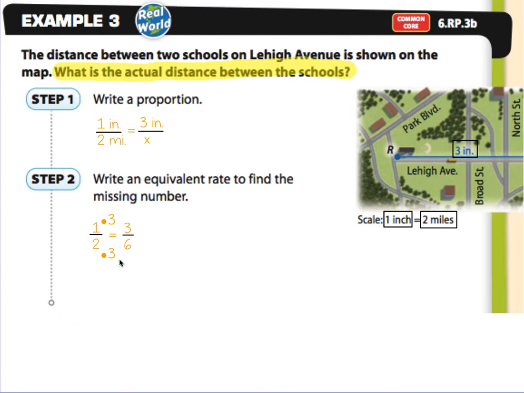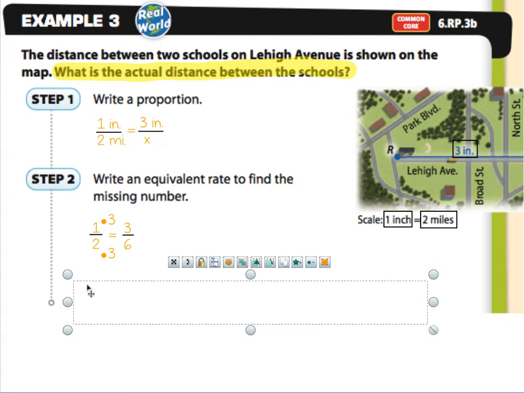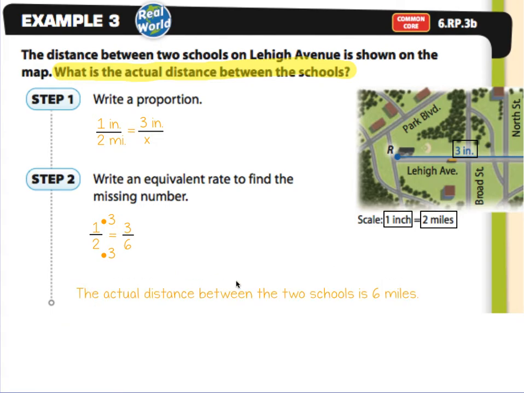So what that tells me is, if it's 3 times the distance on the map, it's 3 times the distance in real life. So in real life, it is 6 miles from one school to the other. So that tells me the actual distance between the schools is 6 miles. Can you imagine having a map in your car that was 6 miles wide? Oh my goodness, that would be huge.